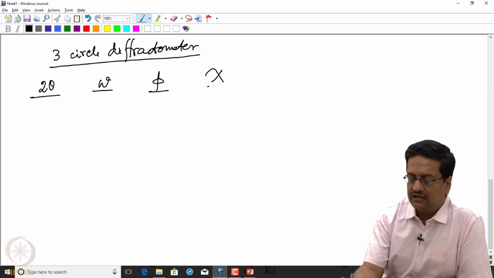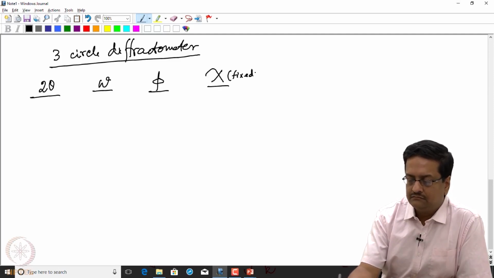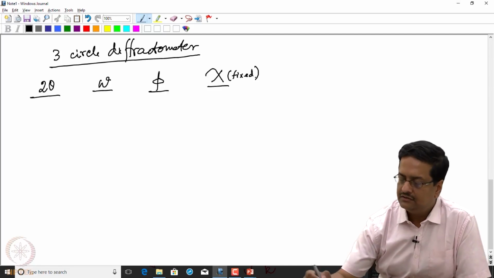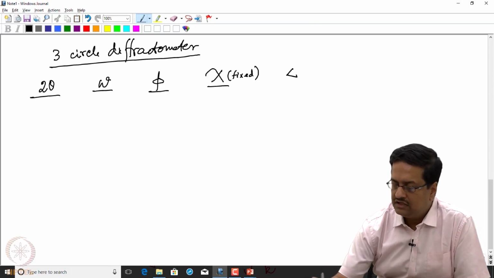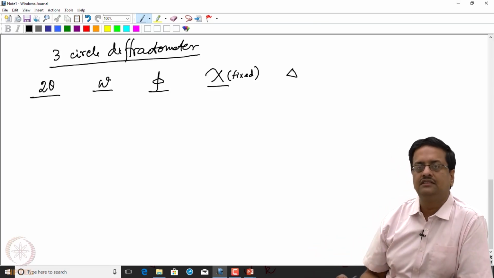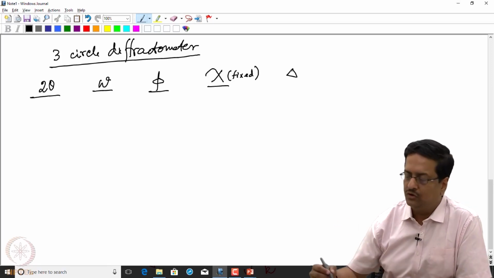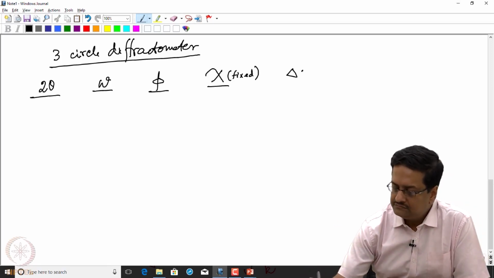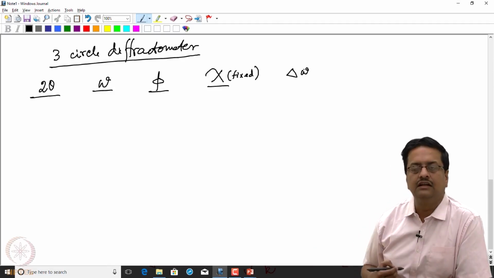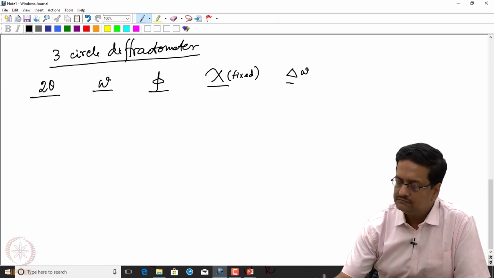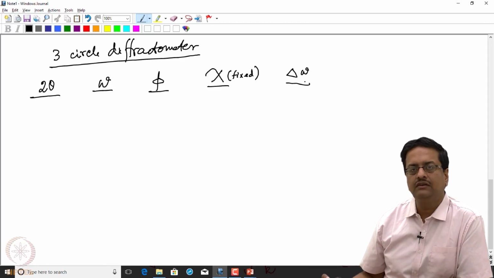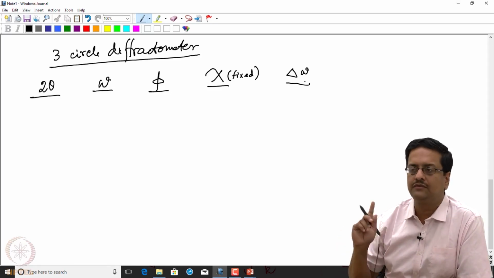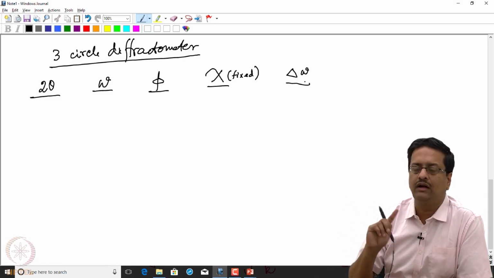In case of a 3-circle diffractometer, this is fixed, and then we record the data with the moving omega. So we need a width in delta omega, and what we need is to move omega from one point to another by a total of 180 degree.